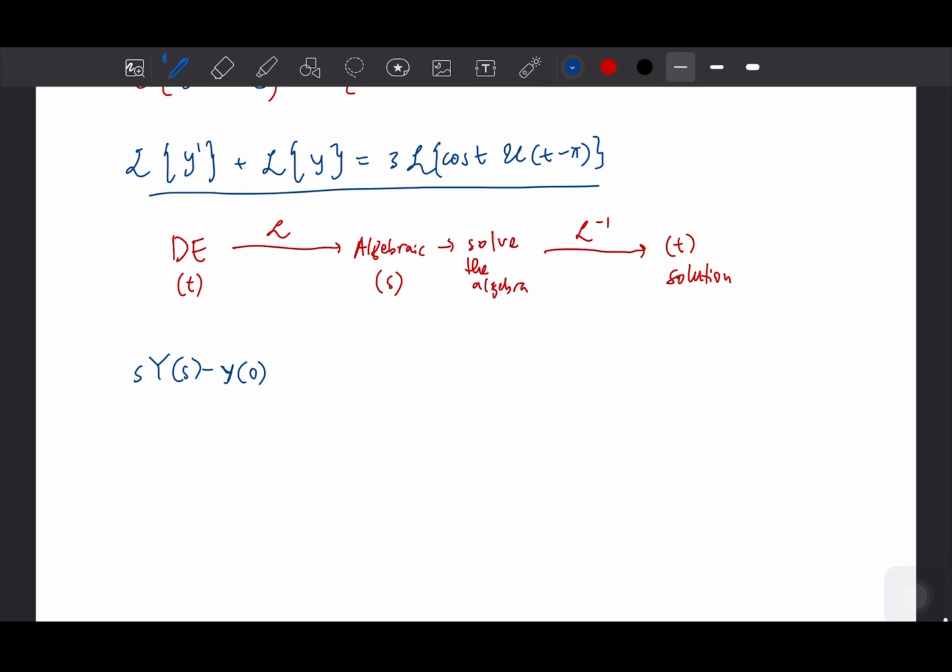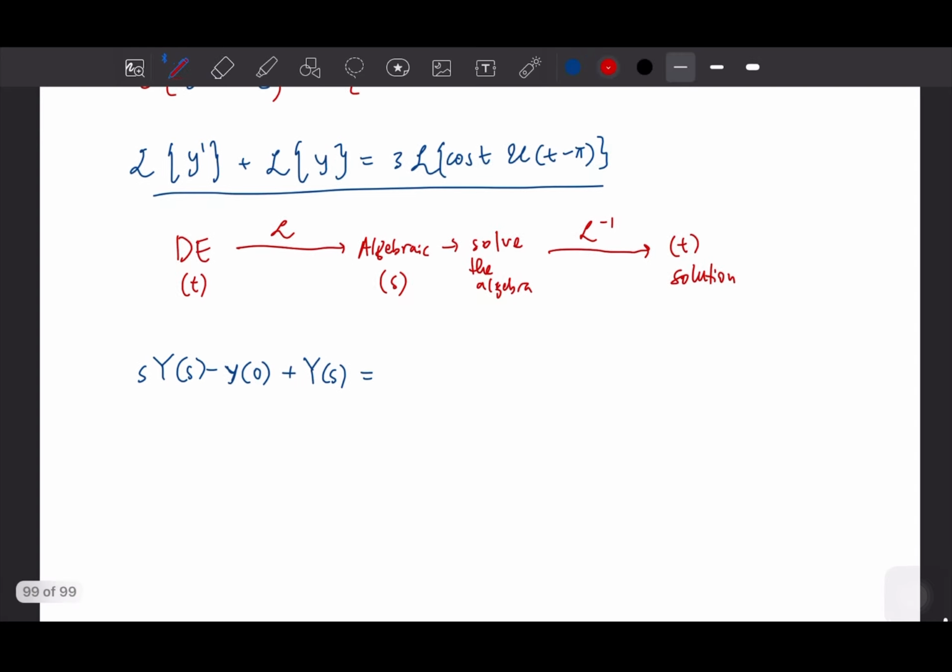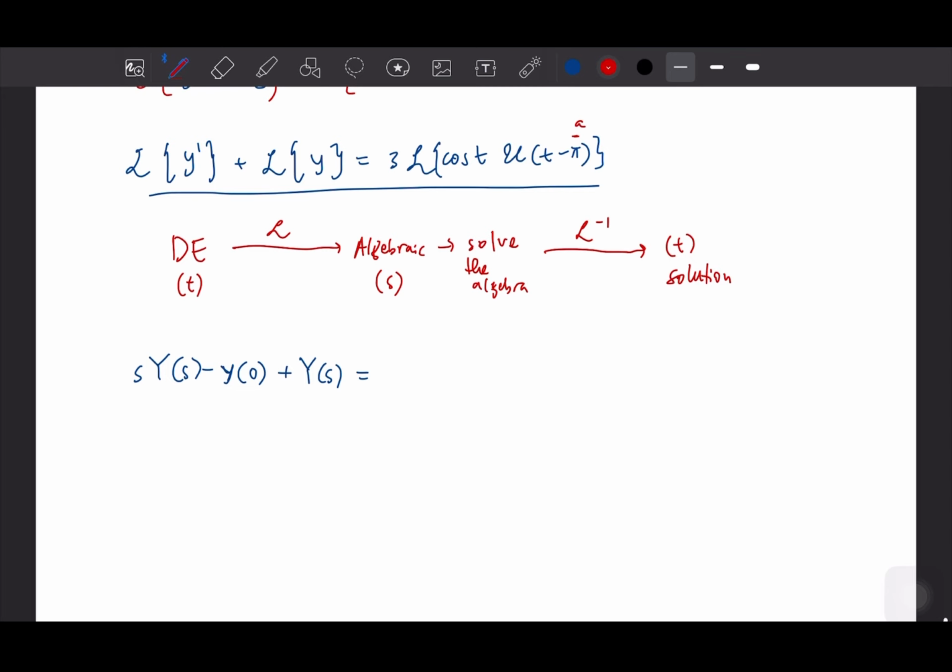And then Laplace of y is just capital Y of s. Now for this part, as we know, this pi is our a, right? And the Laplace of cosine t is s over s squared plus 1. Or we could say this is our f of t.